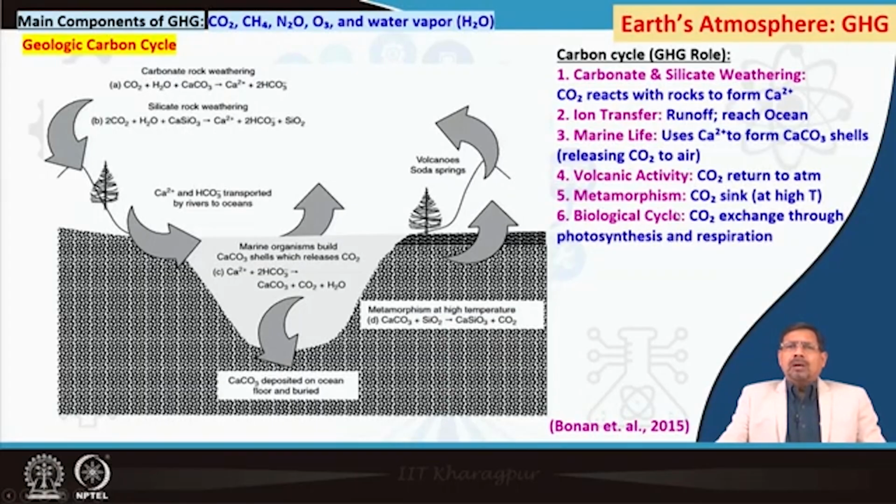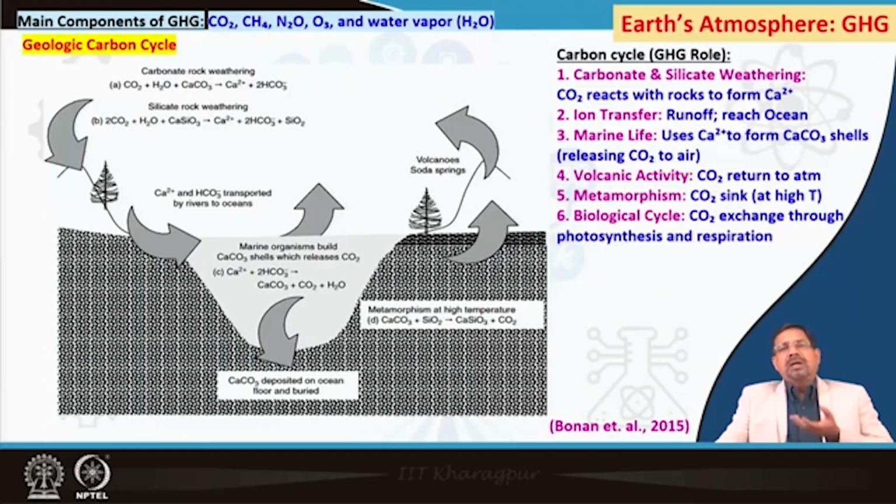Now, the volcanic activity on this side, let us first finish this part and then talk about that. When that particular organism dies and decays, the calcium carbonate is deposited on the sea or ocean floor and buried.